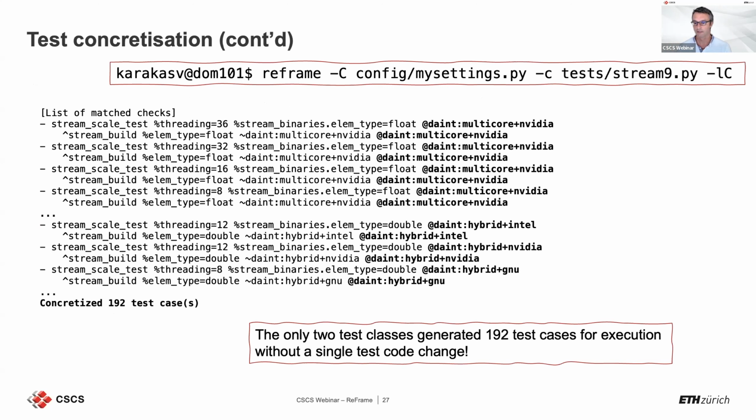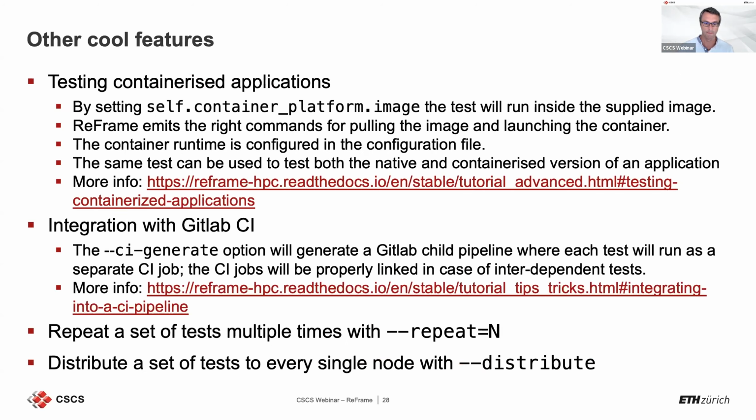So it really allows you to do large scale things. And we have used that, for example, with some cool features I will describe in a moment, where you can distribute a test over multiple nodes or repeat it and so on, and leverage this parameterization behind the scenes.